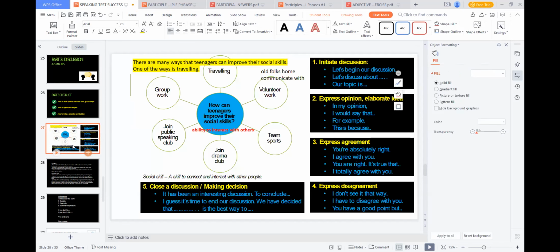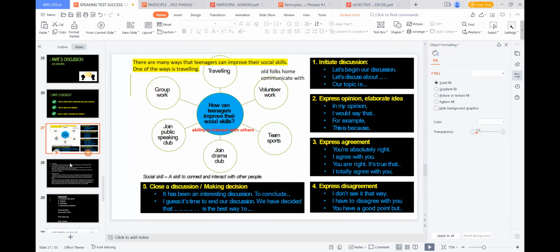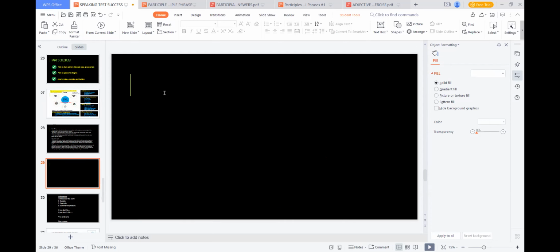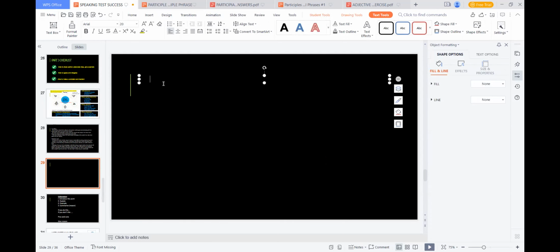Next point, team sports. Let me move on to the other one. Okay, team sport. What would you say about team sport? How does this, okay, you need to introduce the topic. How do you introduce? You can use besides.